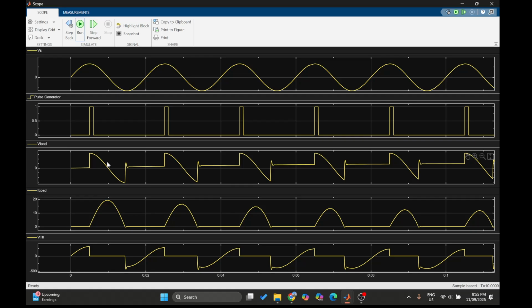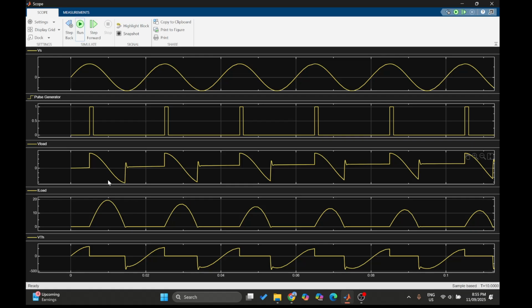And when we reach the negative half cycle, because of our inductive load, we still have a current here of around 19 amps, and the thyristor cannot block the current immediately.